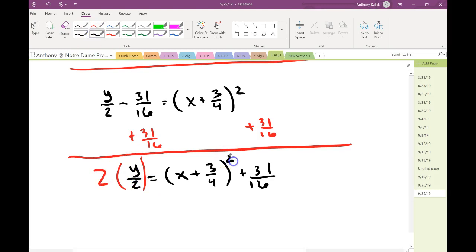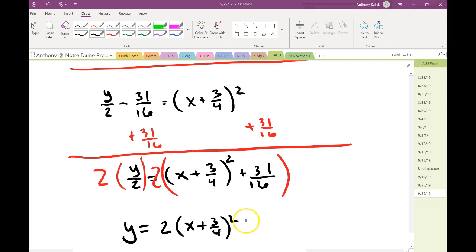Oops-a-daisy. Forgot that. So the 2 times 2 and divides by 2 cancel out. When I distribute the 2, I know that 2 can't distribute inside of the parenthesis. So I'm just going to stick that out front.